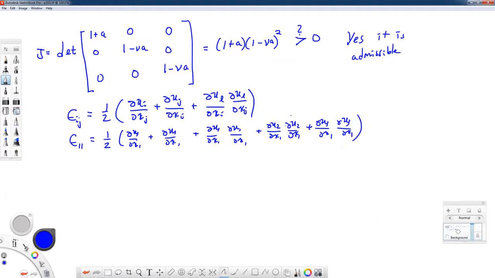Now, in this particular case, this term is 0, this term is 0. We have a half out in front. We said that this was equal to a.